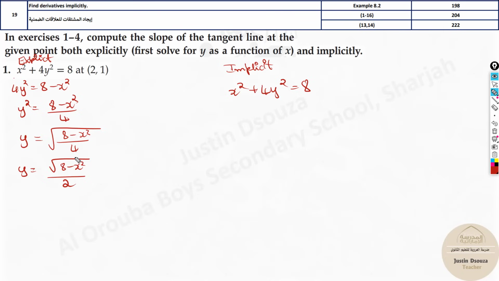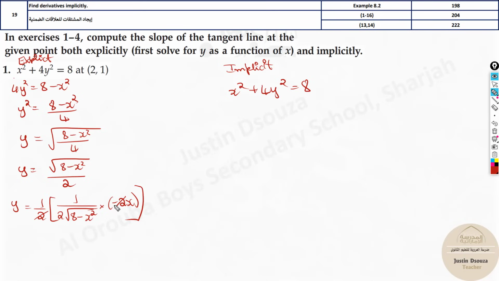What is the derivative of root x? It's 1 by 2 root x, right? So let's take y equals half outside, and it will be 1 by 2 root of 8 minus x squared. But it's not over. There is a chain rule. What is this derivative? The derivative of minus x squared is minus 2x. And we can simplify.